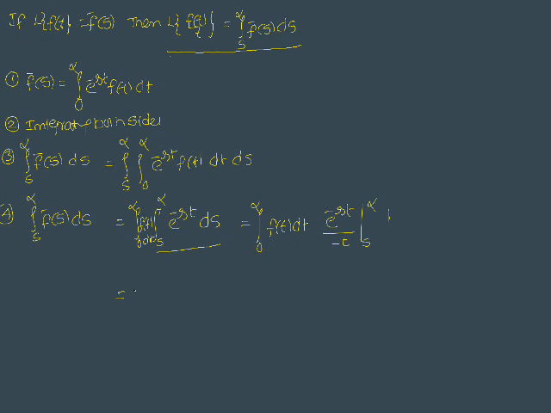So that is equal to the integral from 0 to infinity of f of t into dt into, if you substitute the upper limit infinity, you are going to get 0, minus, if you substitute s, e power minus st by minus t. Okay. So that is nothing but the integral from 0 to infinity of e power minus st into f of t by t into dt.